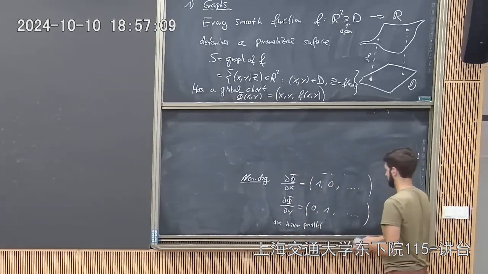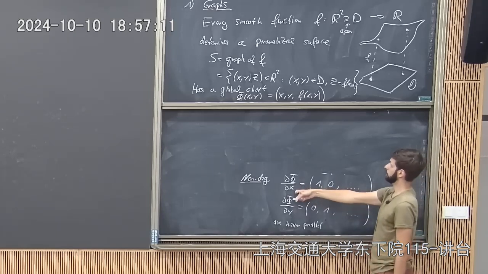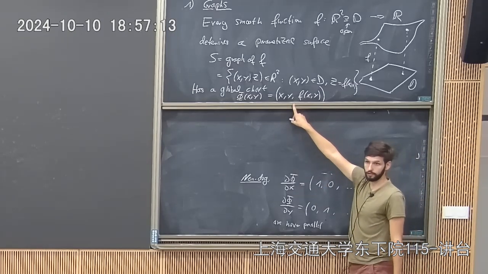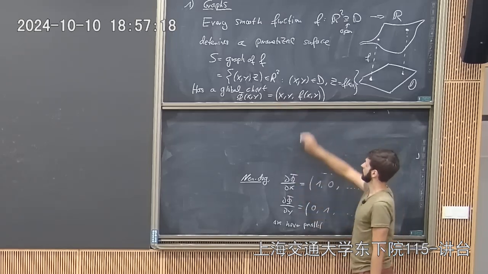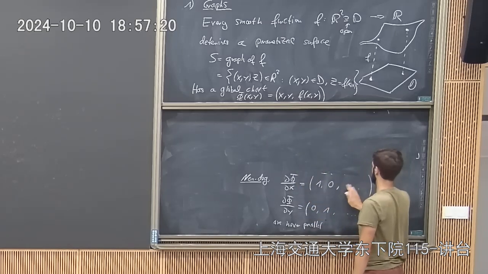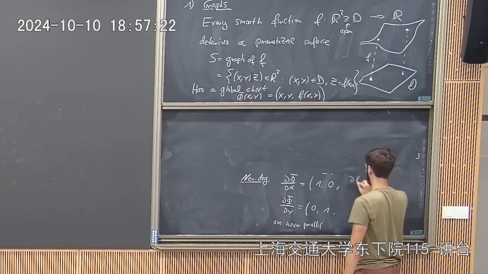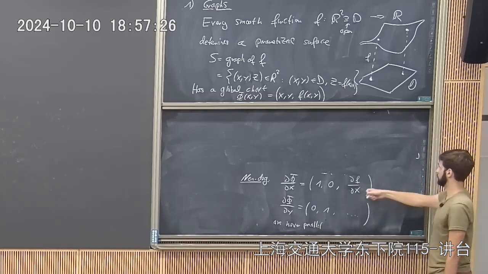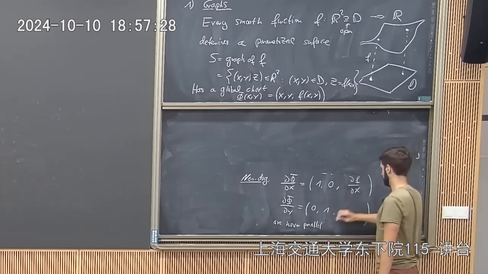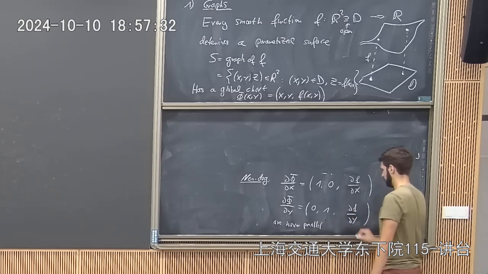Namely, I just take the x derivative of phi, which gives you 1 here, and then we get the x direction derivative of f, and similarly here we get the y direction.